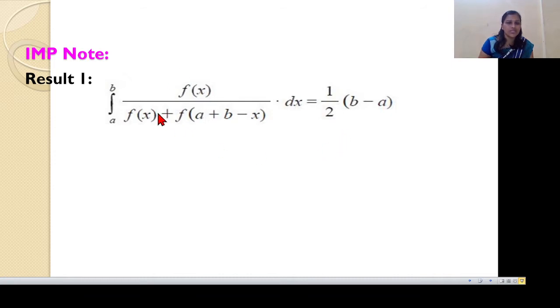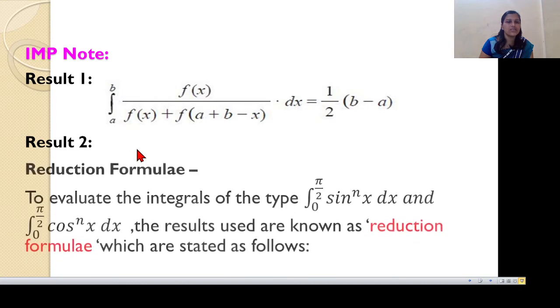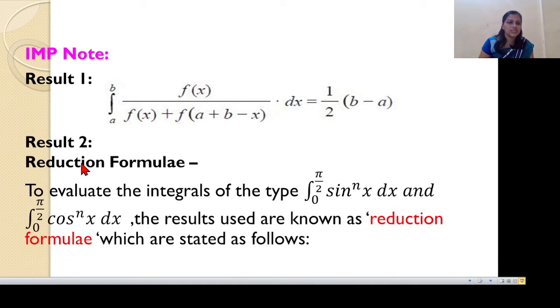Result first is integral a to b f of x divided by f of x plus f of a plus b minus x dx is equal to 1 upon 2 b minus a. Now we are going to see the second result, which is known as reduction formulae.